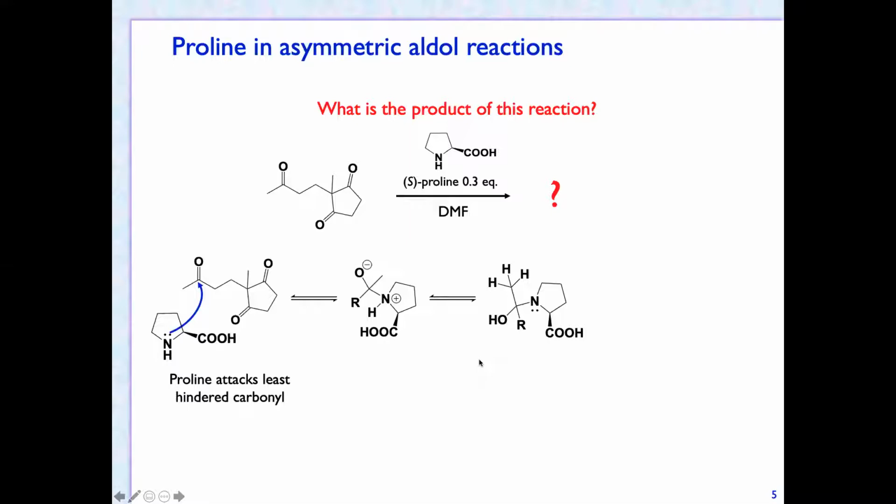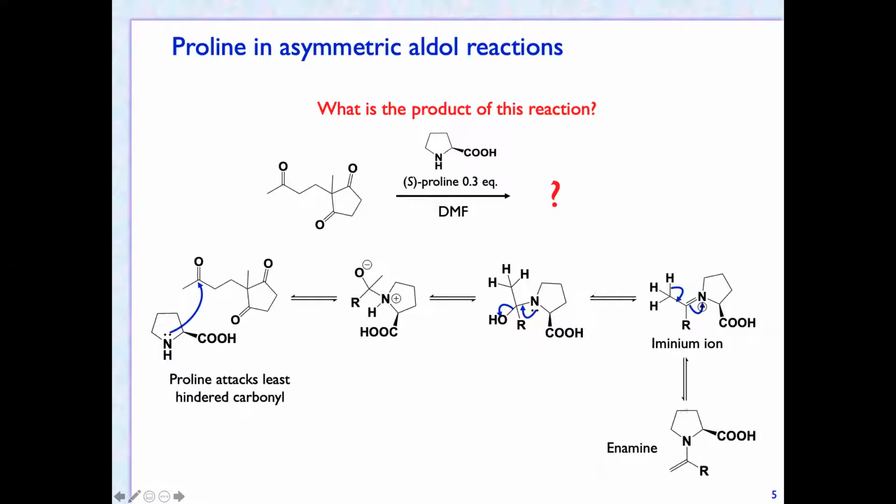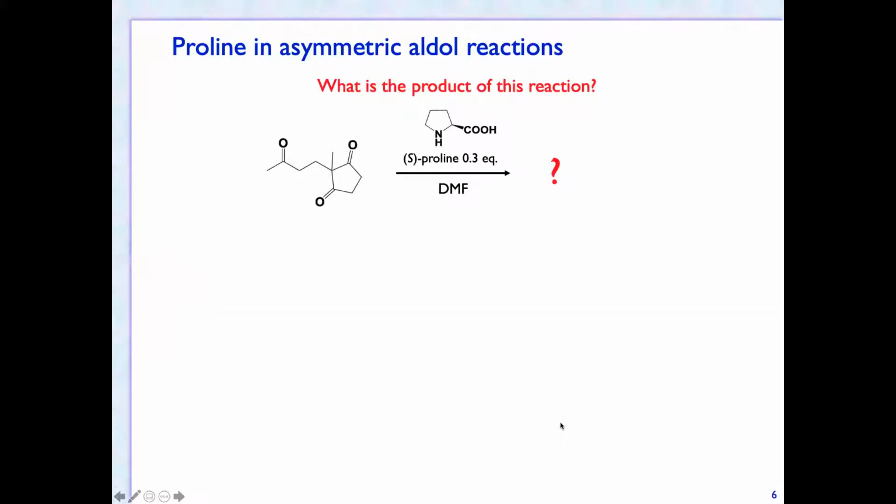Yes, you lose water. We make an enamine. Yes, that's correct. So we have our iminium ion first, and from here we make the enamine. Okay, so that's the first thing that happens in this case. Very good. Now we are in this situation.